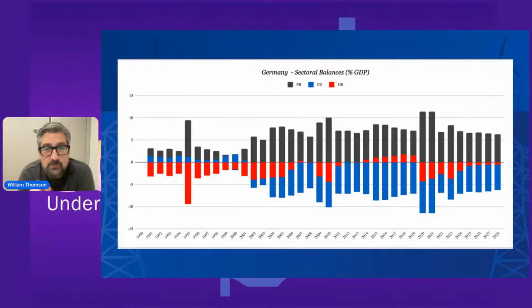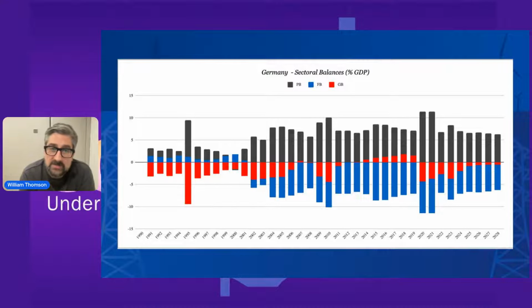Now, they're only able to net save the bit above the line because below the line, you'll see the foreign sector deficit. So because they receive so much money from abroad, that's what allows the government to have a small deficit, and it allows the private sector to save.